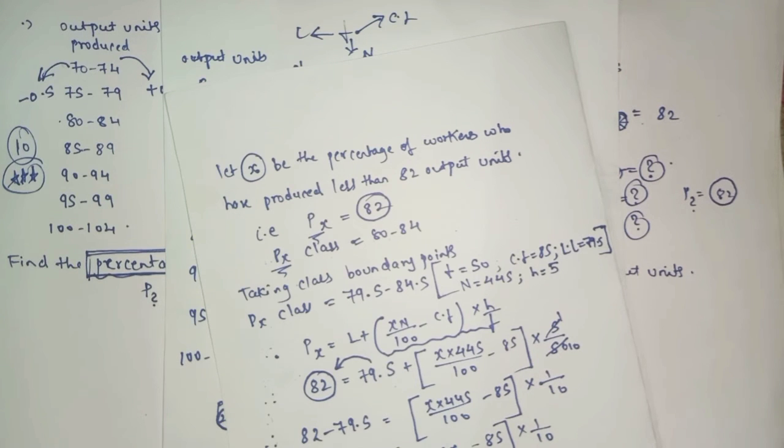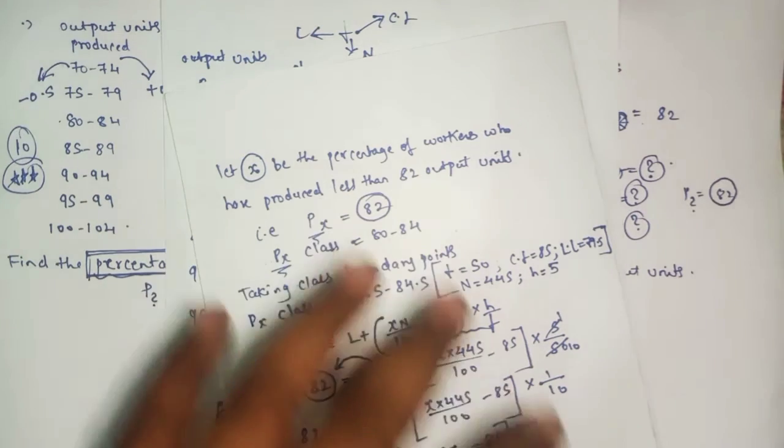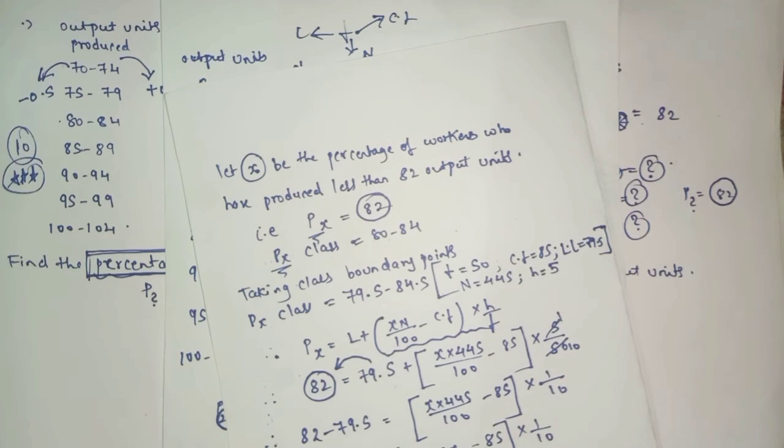The same type of sum was there in the first exercise also for the quartiles: two missing frequencies, quartile was given. So we'll take one more additional sum. That sum you have to try by yourself. I will simply explain the format of the question. The sum will be based on the percentile, where you have to find the missing frequency.